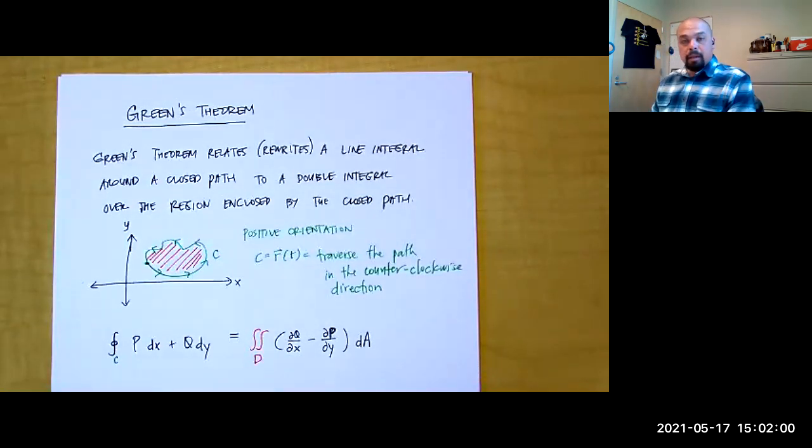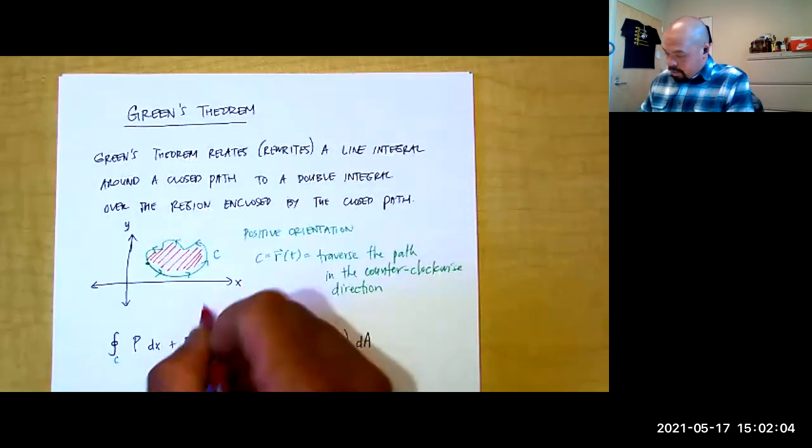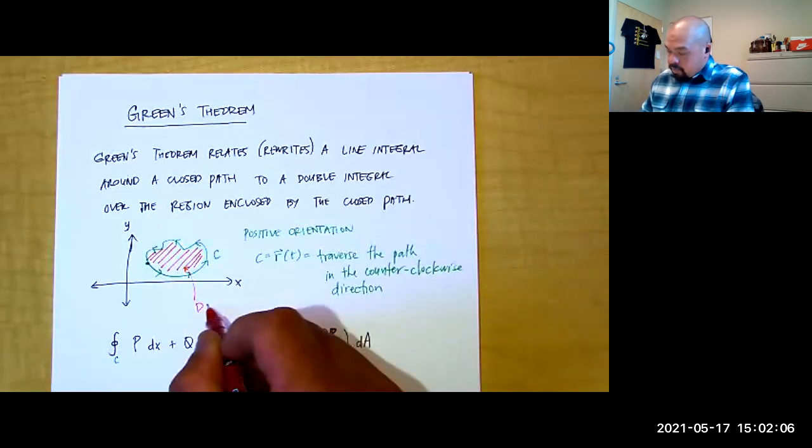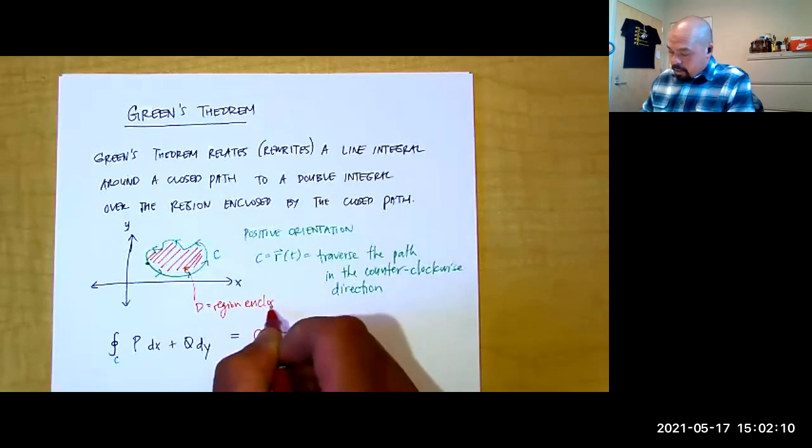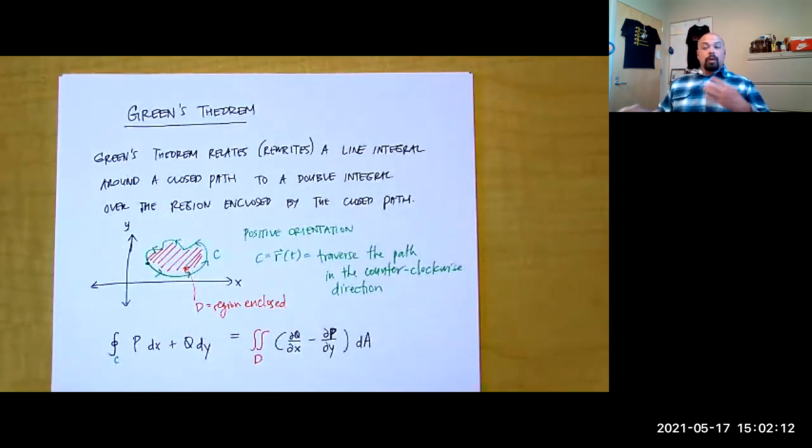Okay, where C is a pathway, and D is our region enclosed. So we're going to be able to equate.